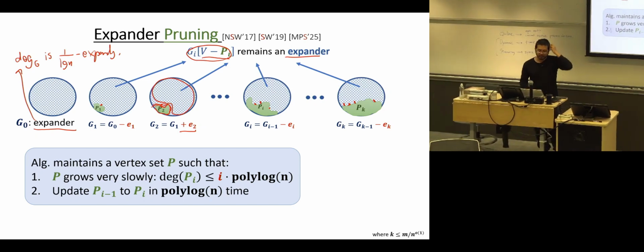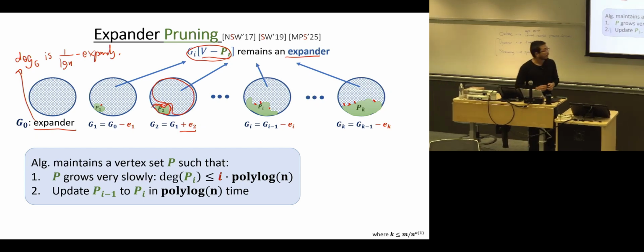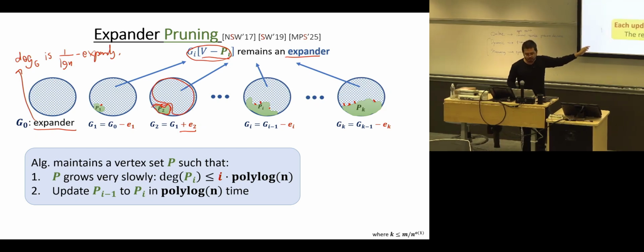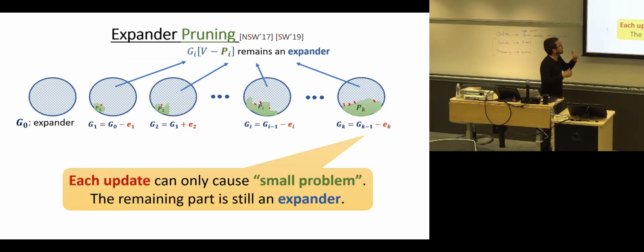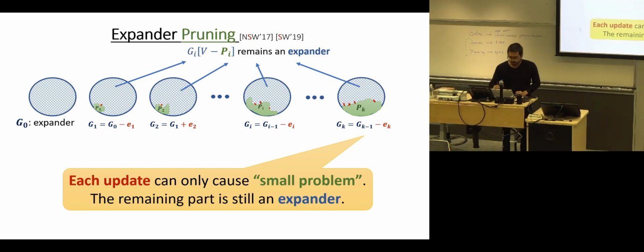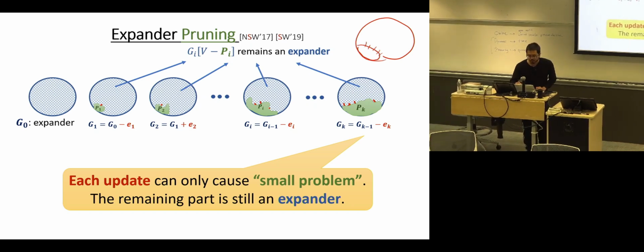So this is kind of strong. Any question about this statement? Normally, when you have an expander and you delete a bunch of edges, you know you're not going to disconnect too many vertices, and the rest is connected, a giant connected component.